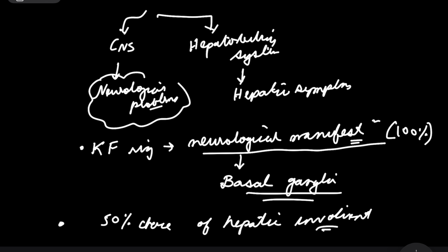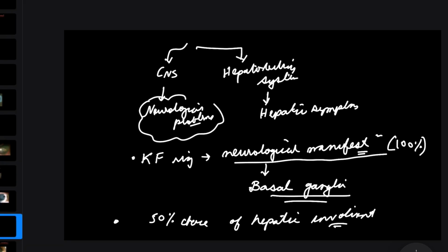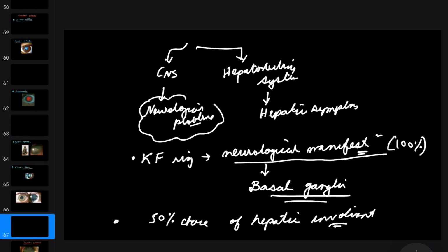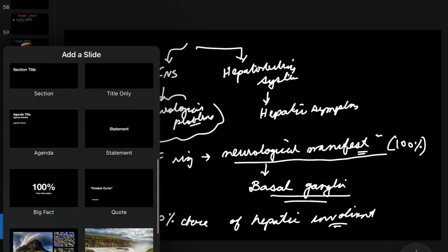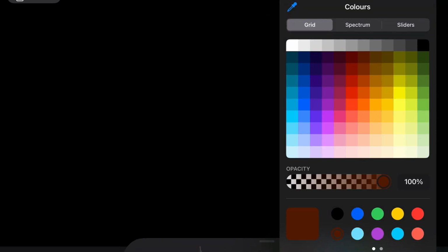Now another very interesting thing about the KF ring. Let's take another slide over here. I'll just use green, I guess. If this is the Kaiser Fleischer ring developing, this is just the KF ring. I'm not drawing any eye or anything around it.